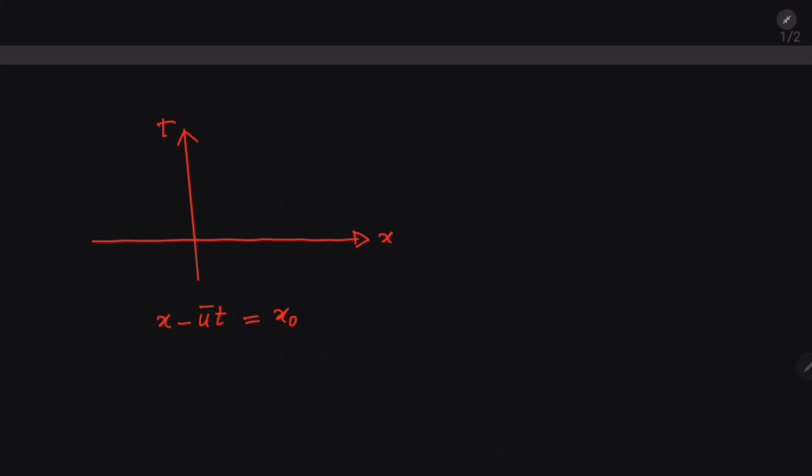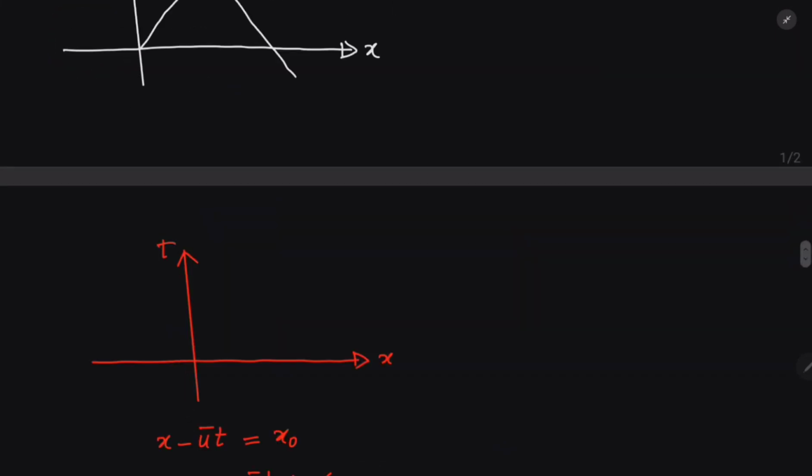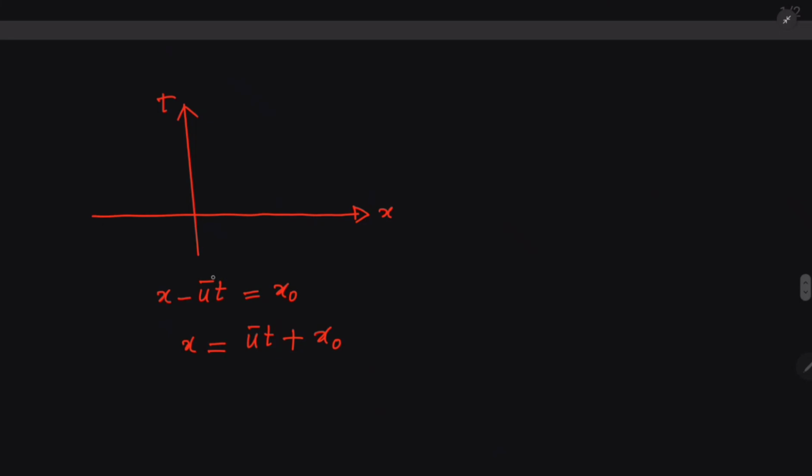For example, we have x is equal to u bar t plus a fixed value x naught. X naught can be any value on the x-axis. So the quantity, for example, density, mass, momentum, pressure, energy, will be on the y-axis in one case, and in another case it will be characteristics.